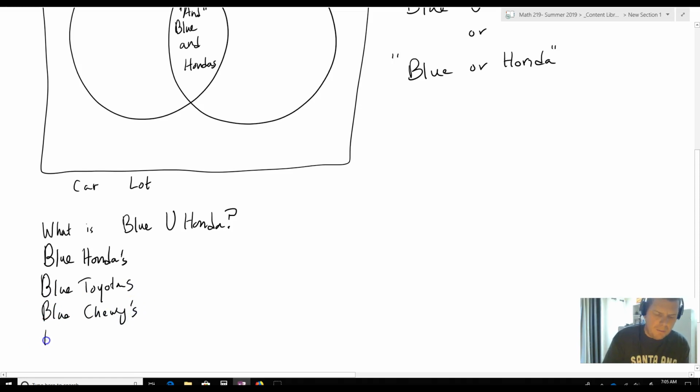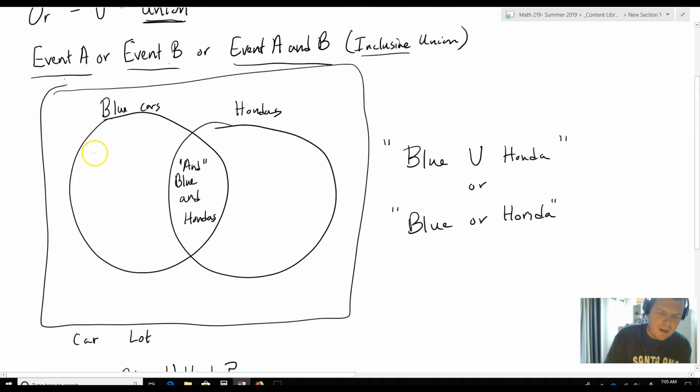Okay. What about red Hondas? They're in there as well because they're a Honda. Okay. So we've got like our blue Toyotas. They're over in this blue area, blue Toyotas. Blue Chevys, etc. They're in the blue cars. And then we have over here, we have the red Hondas, or like the green Hondas, or other colored Hondas.